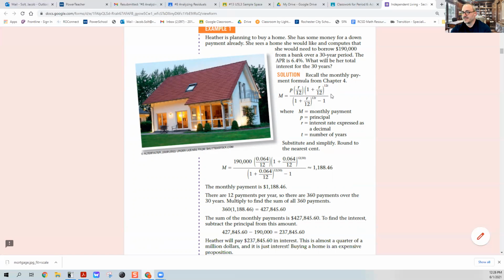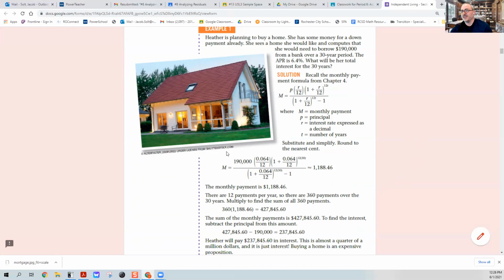Divided by the expression 1 plus the interest rate expressed as a decimal divided by 12, raised to the power of 12 times the number of years, minus 1. Wow. Okay, right?